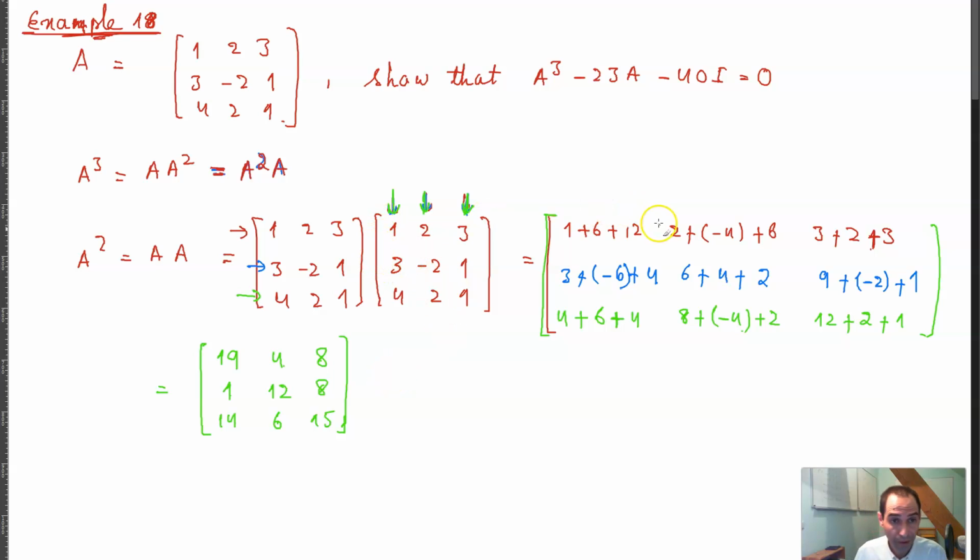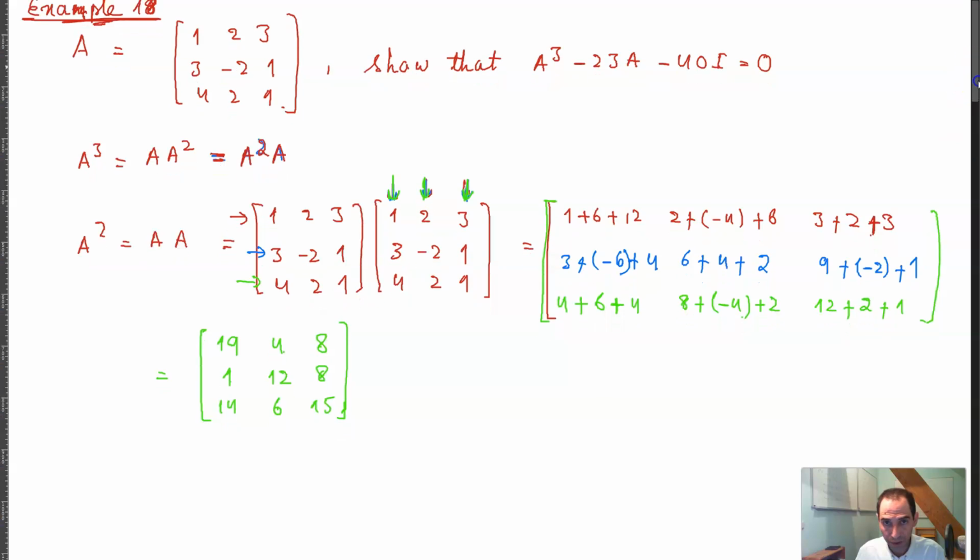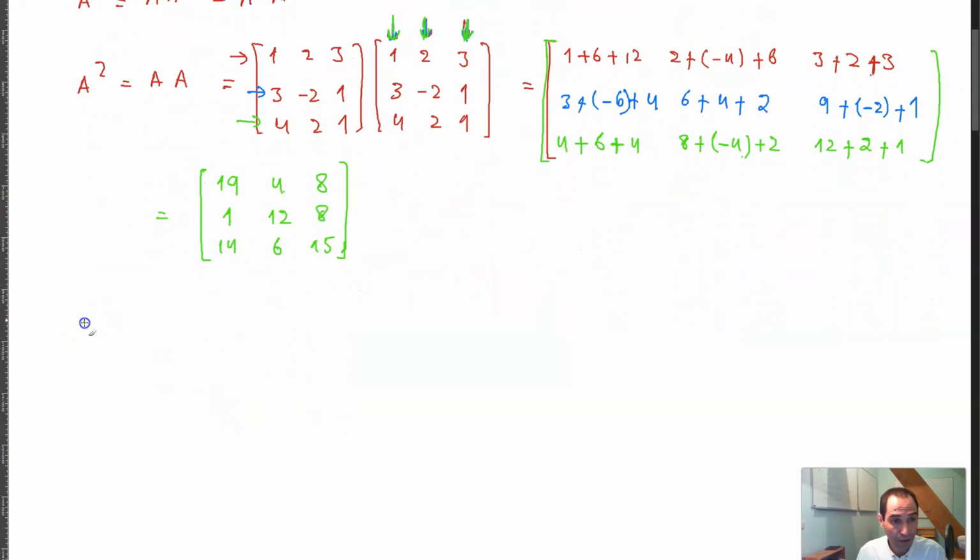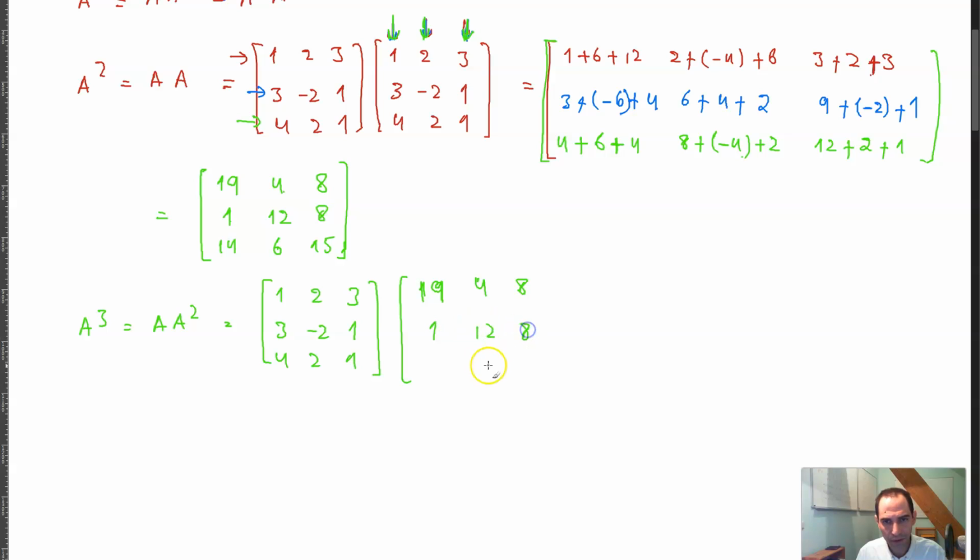Now for A cube, if I take it as, which wouldn't make any difference really, as I have actually tested this, if I write A cube as A times A squared, we have A, which is 1, 2, 3, 3, negative 2, 1, 4, 2, 1, and A squared is this matrix, which is 19, 4, 8, 1, 12, 8, 14, 6, 15.